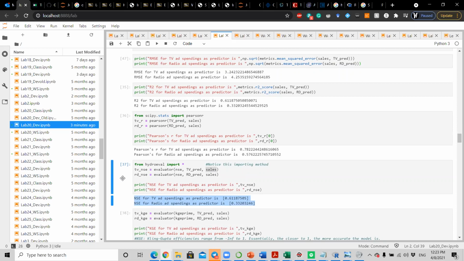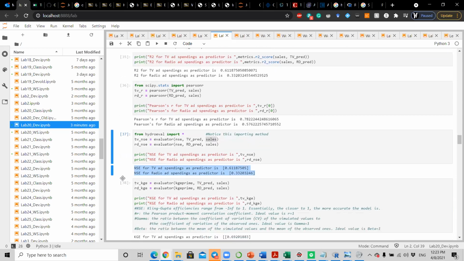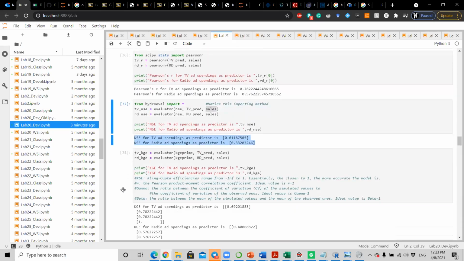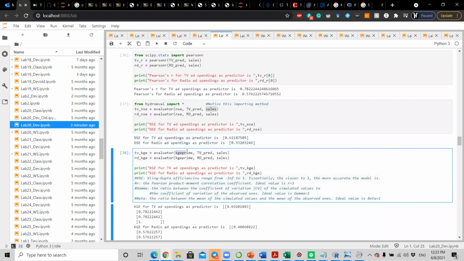Now, my favorite metric, KGE, is basically calculated using the same function. Instead of NSE, we put KGE prime, and then model predictions and observed values.